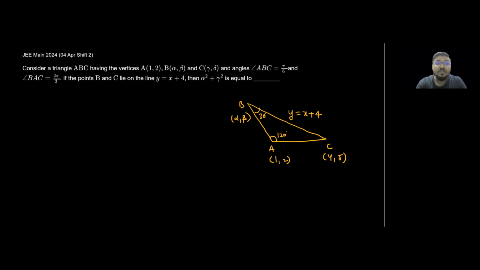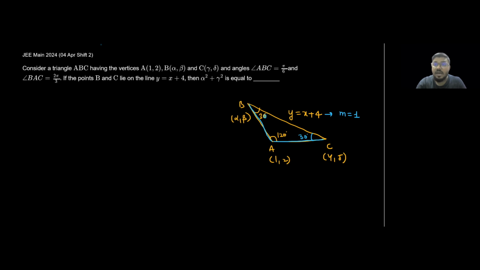Let's start. So in this question, this angle is 30 and this line has slope m equal to 1. If I want to get the slope of the line AB or the slope of the line AC, can we get it? Definitely we can. How? If you see this is 30, this is 120, what is the remaining angle? Again 30 only.